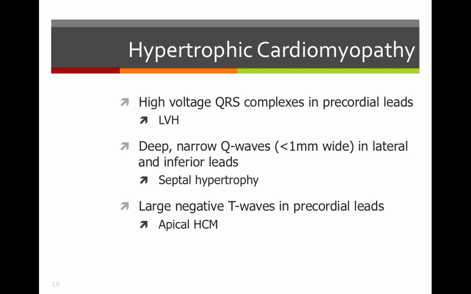So definitely LVH, and then either one or both of the septal hypertrophy or apical cardiomyopathy signs. Treatment for HCM includes sodium channel blockers, calcium channel blockers, possibly implantation of an AICD, or in the case of septal hypertrophy, the cardiologist might want to go in and do a septal wall ablation.